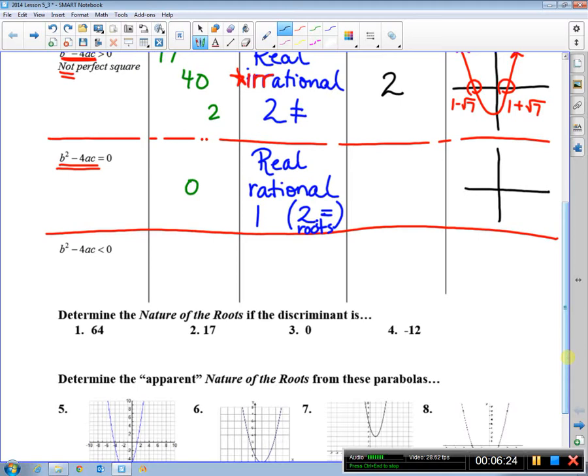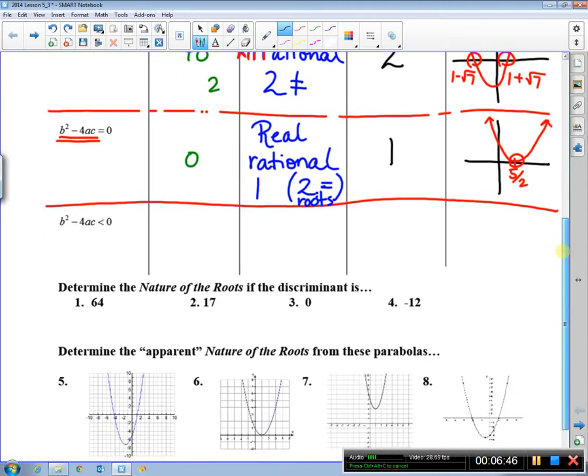When these are graphed, what happens is that the parabola will hit just once. Hits in one place. Maybe this hits at 5/2. That's all you get is one root. One intercept, one root, and it's rational.